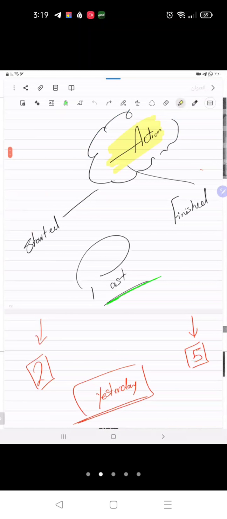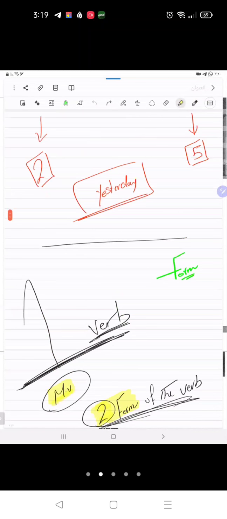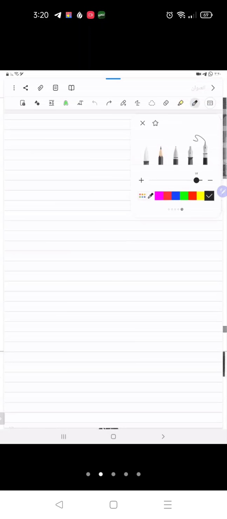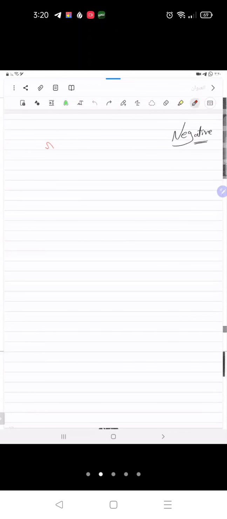So if we put this sentence in the negative form, the verb will change into the past form. In the negative form we must use not, we must add not to the helping verb.